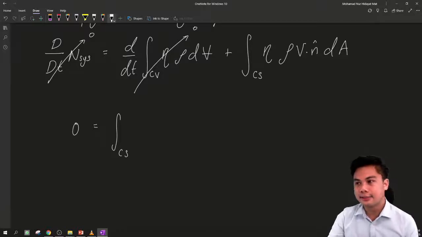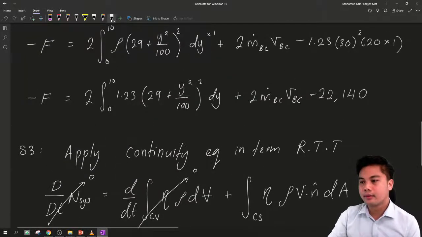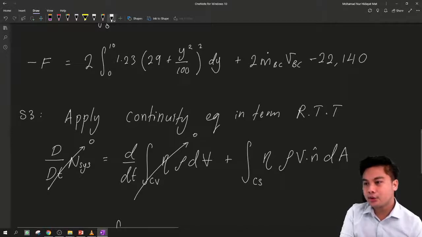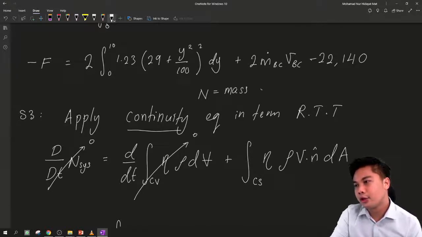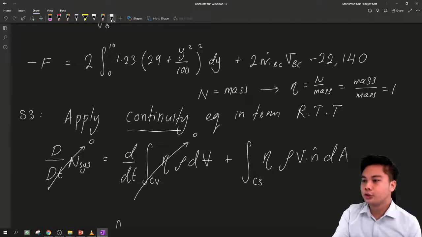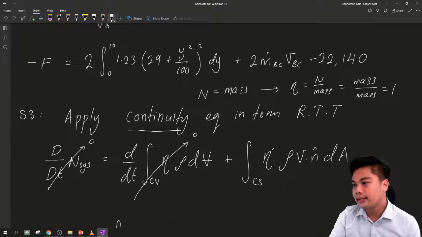What is the intensive property for continuity? Remember that continuity is for mass. So the extensive property for continuity is mass. In order to get the intensive property, which is N over mass, mass divided by mass, you will get 1. So replace with intensive property equal to 1.